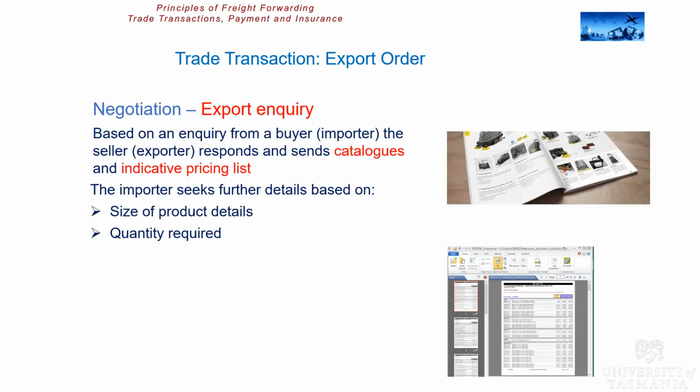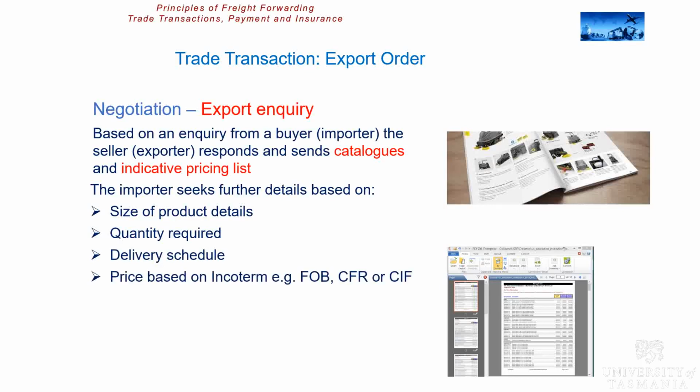There might be quantity limitations. What type of delivery schedule can the exporter meet? What is the exporter's view in terms of Incoterm? Do they have a particular view on that? Is it going to be FOB, CFR or CIF, or any number of the other Incoterms that are available?